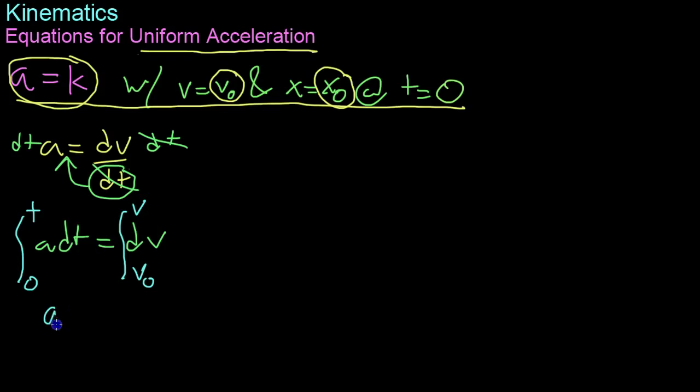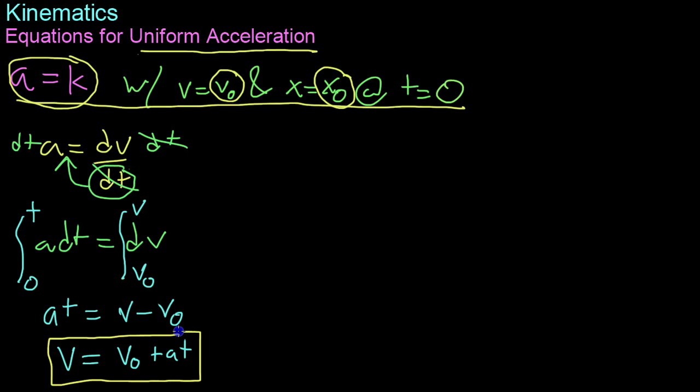And what you get is that at equals v minus v0. Now transforming this equation through addition, you get that v equals v0 plus at. And this, for constant acceleration, describes the velocity at any time given an initial velocity and the acceleration.